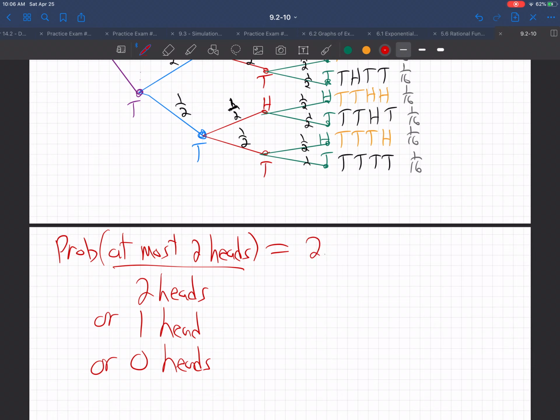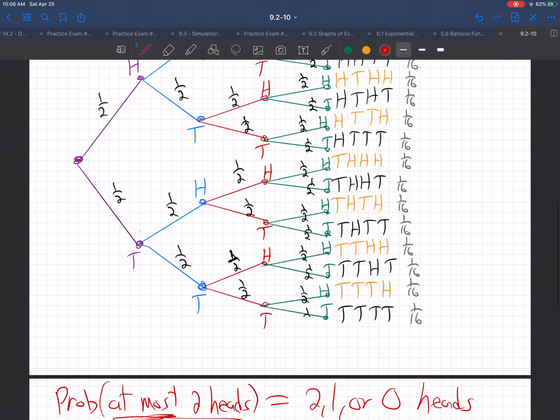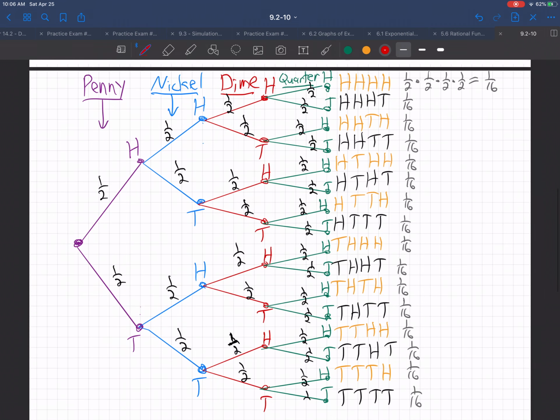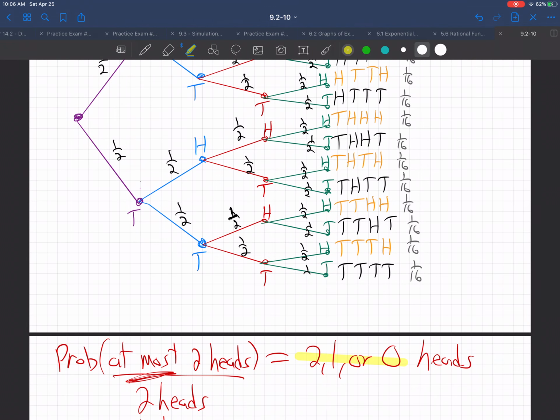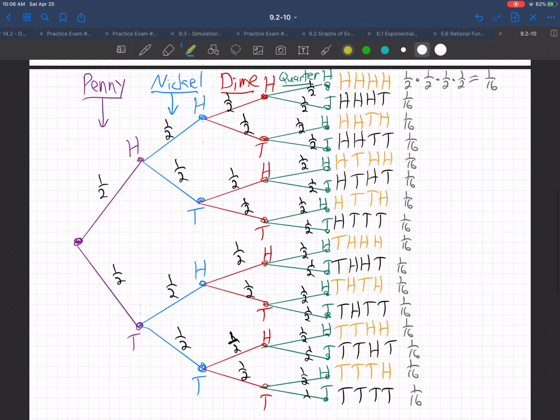That's what they're saying. What's the probability of getting 2, 1, or 0 heads? So we have to go up here and highlight every answer that has 2, 1, or 0 heads.